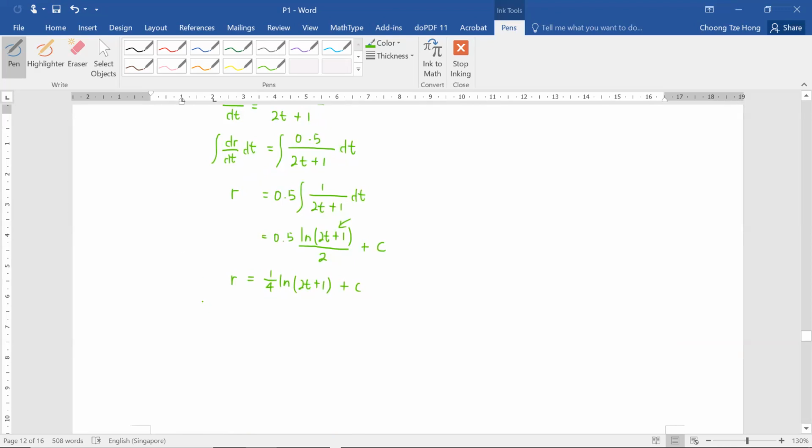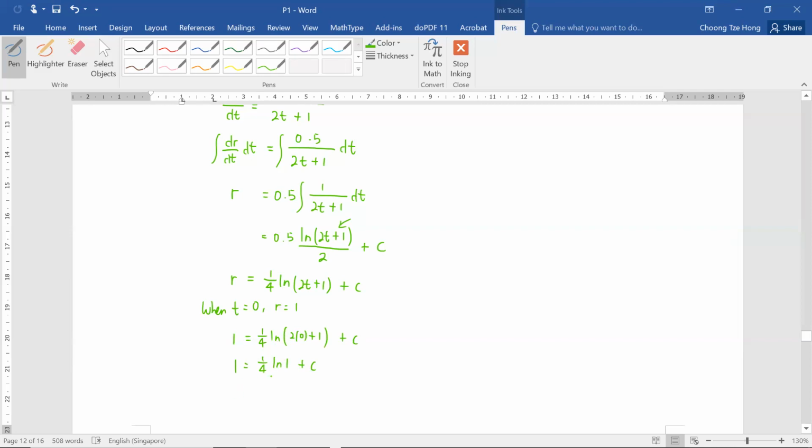So when t is equal to 0, r is equal to 1. We're going to form the equation. r is 1 when t is 0, so we are going to get 1 equals 1/4 ln(2 times 0 plus 1) plus c. ln 1 is going to be equal to 0 if you recall.